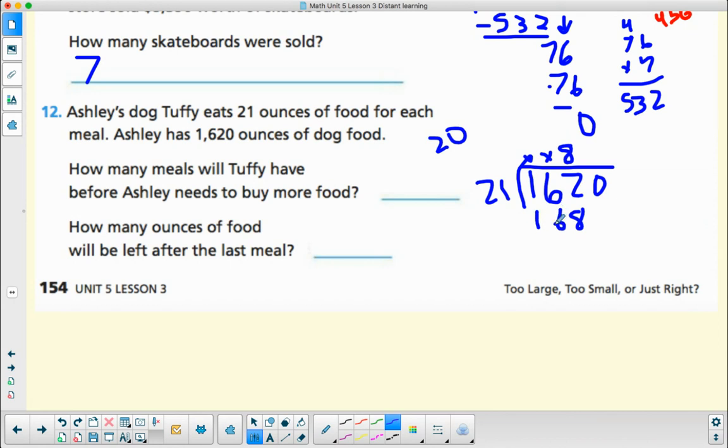Bummer, even though it wasn't a 4, 5, or 6, I still overestimated. And I have to adjust down 1 from 8 to 7. Because sometimes it happens. That's part of long division. And that would be 147.